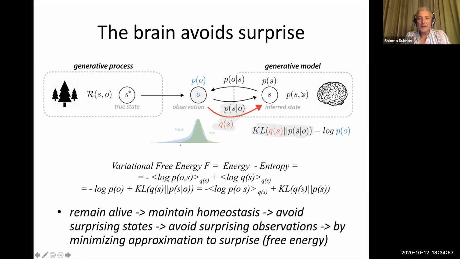So the brain is basically trying to learn the probability of these hidden states. And the quality of the brain's ability to avoid surprise or adapt is measured by these two criteria, which amount to this free energy principle.